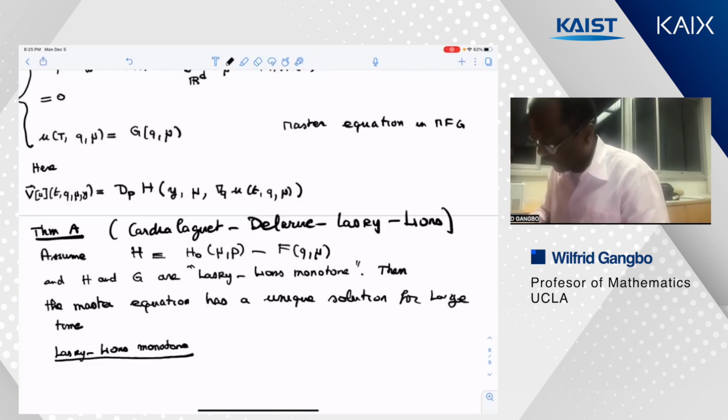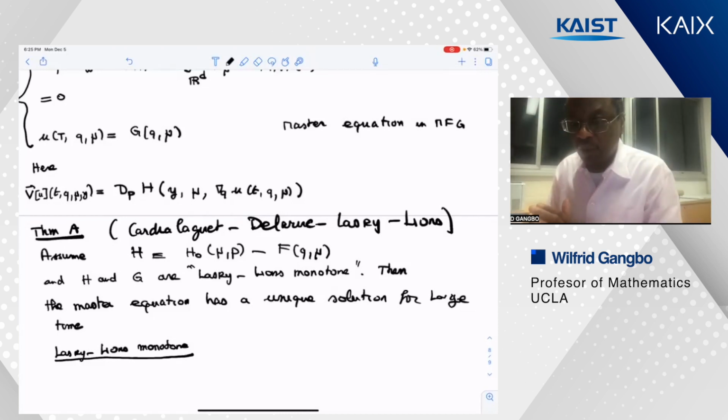There is a general definition for Lasry-Lions monotone.